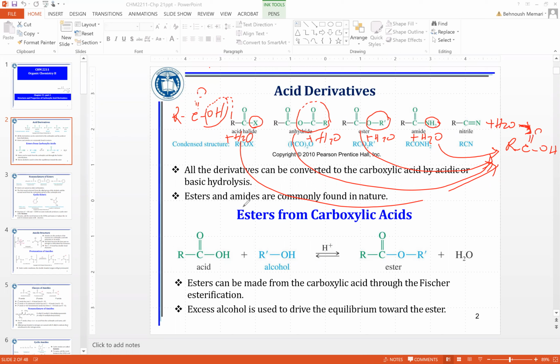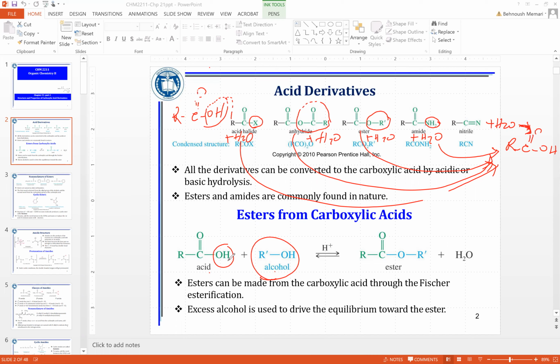The first reaction that we have, preparation of carboxylic acid derivatives, is preparation of esters. We talked about this before. This reaction, carboxylic acid plus alcohol, requires hydrogen ion, or a catalyst, because the leaving group here is not a good leaving group, and the nucleophile is not a strong nucleophile.